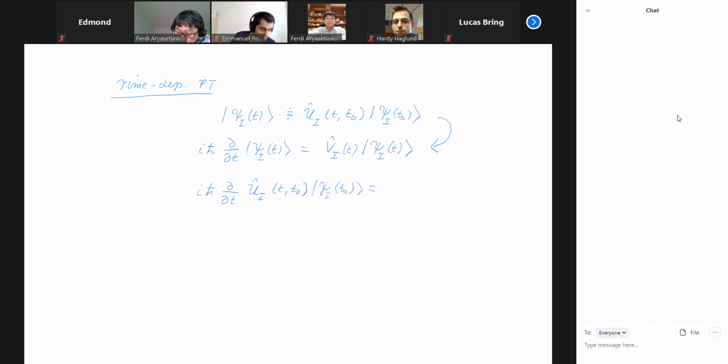Let's do this step by step. The state at t0 is an arbitrary state, so that implies that we can just drop it, and then we get the time-dependent equation for the time development operator.